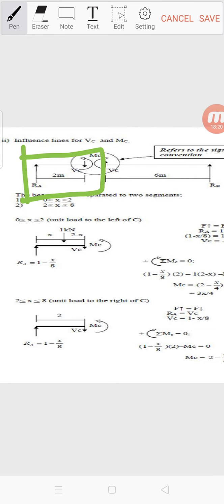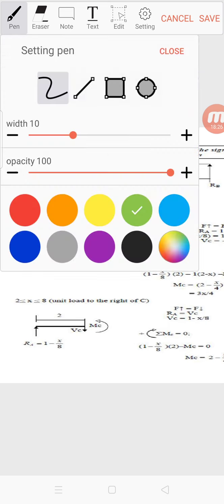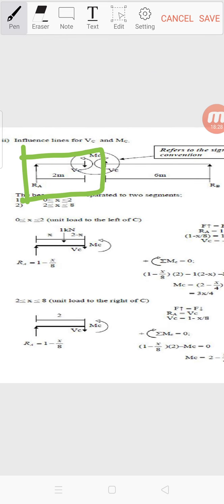Okay, so we have two conditions here. One is when 1 kilonewton is assumed to act on the left beam. So here you can see the 1 kilonewton acting on the left side of the beam.